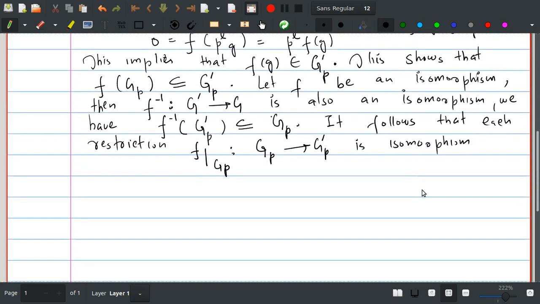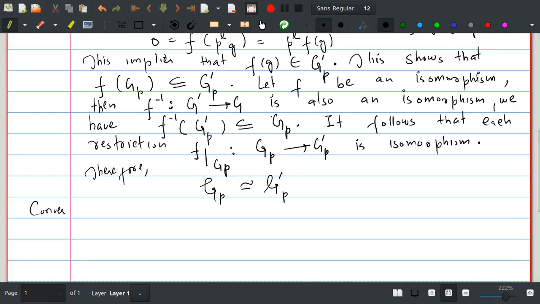Therefore, these two groups, G_p is isomorphic to G prime_p. Now let us prove its converse.